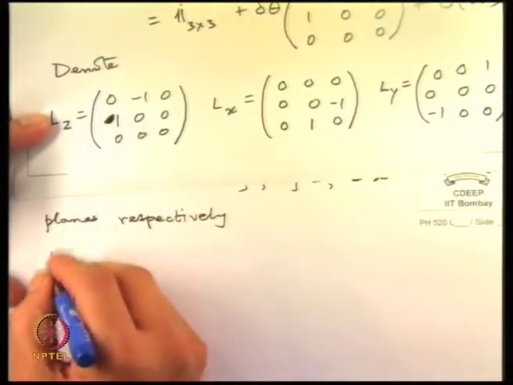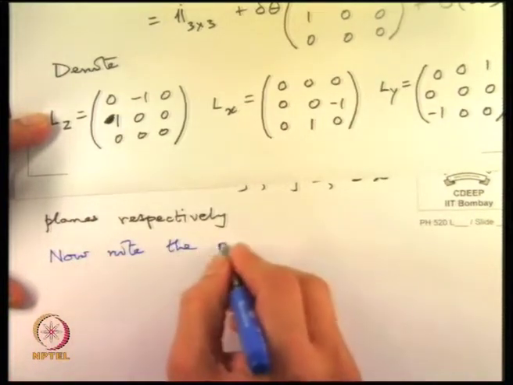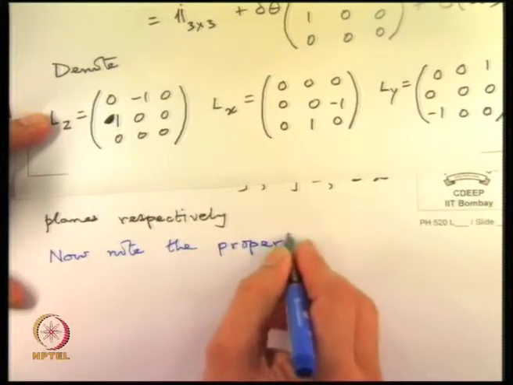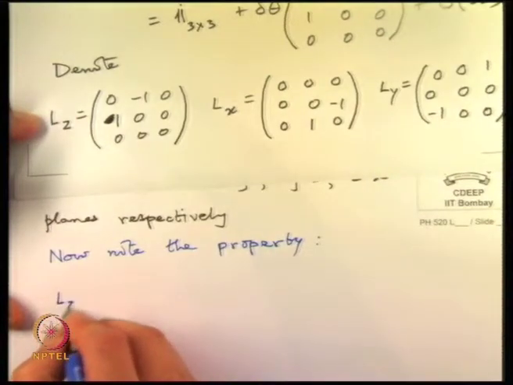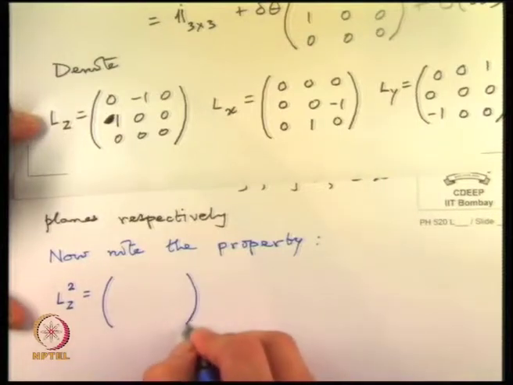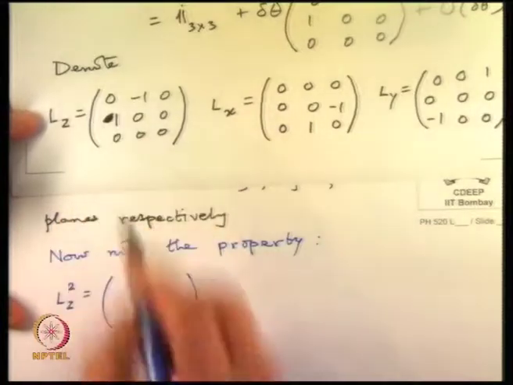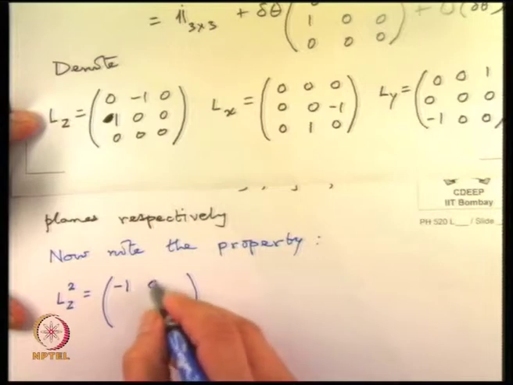Okay. So, now we note the property. What is Lz square? This row into this column equal to -1. This other things are 0.